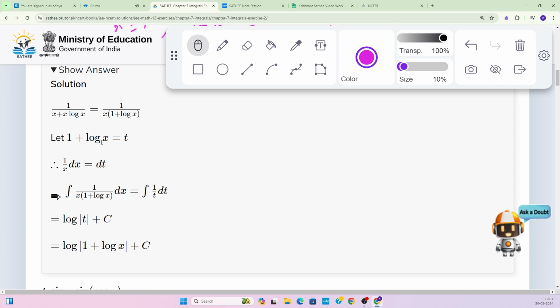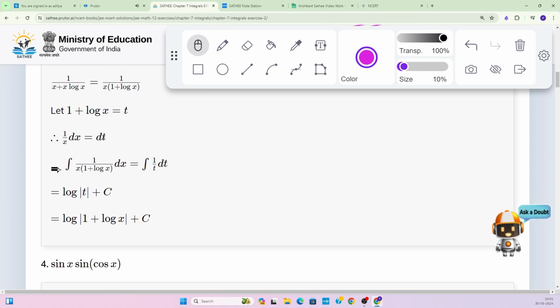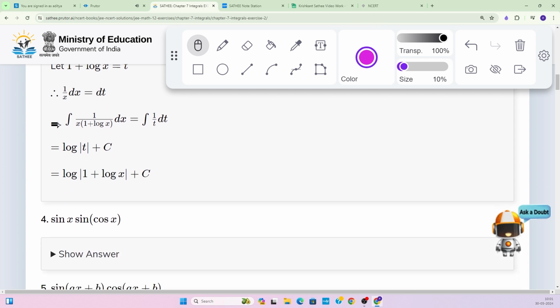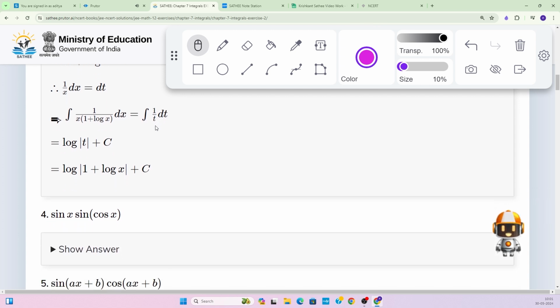Taking 1 plus log x as t, dt is equal to 1 by x multiplied with dx. This means you can replace very easily. This becomes the integration of 1 by t multiplied with dt, which is log of modulus t. t is your 1 plus log x. So log of modulus of 1 plus log x plus c will be your final answer.